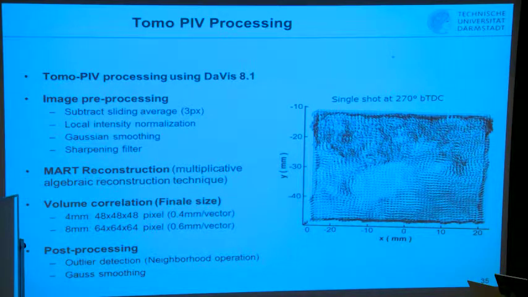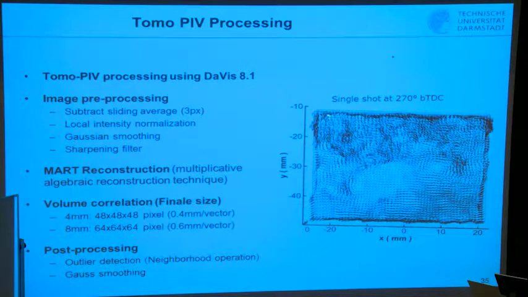And you then do a volume correlation. You try not only to do that in an interrogation window which is planar, but now in something like a box. And from that you receive something like this image shown over here for a certain crank angle degree.